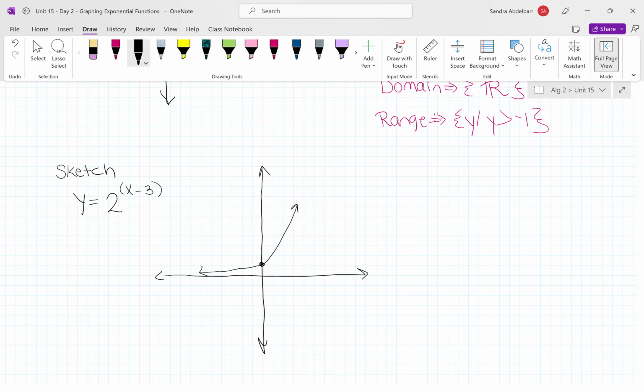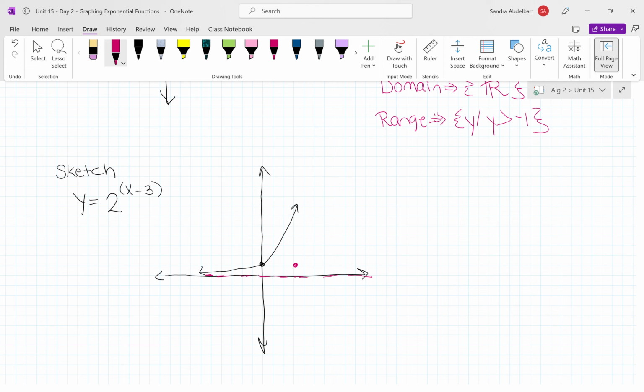To the right. How come it's not to the left? Because it's supposed to be x minus h, right? So now we're shifting 3 to the right. 1, 2, 3. So now we're here, and we're still going to have an asymptote at the x-axis.